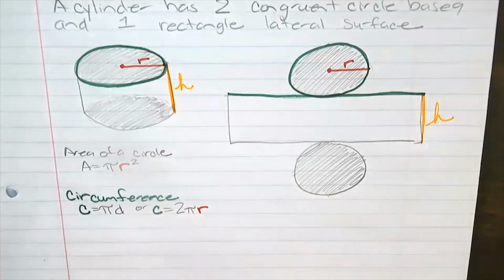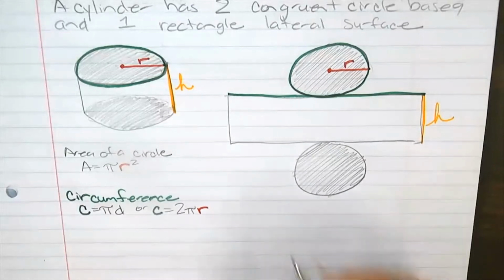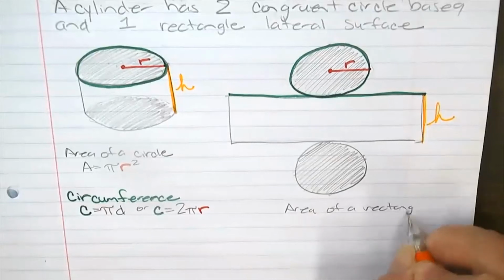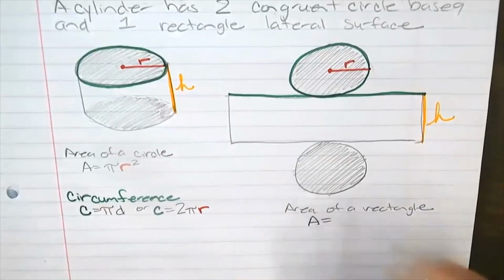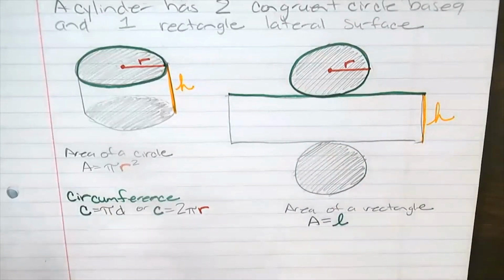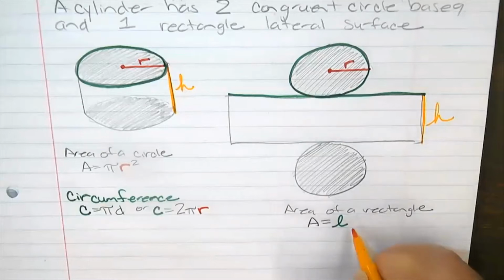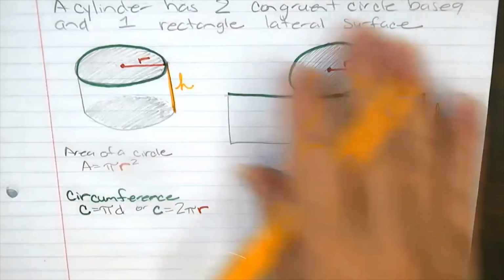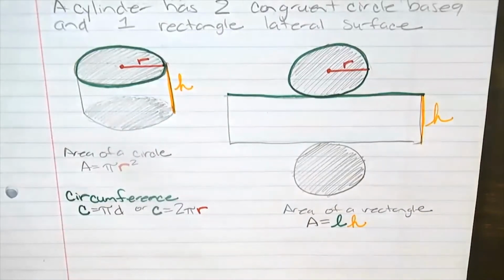And the last thing we need to know is how to find the area of a rectangle. So the area of the rectangle is the length times the height. So this is the nuts and bolts. This is everything that you need to know to do today's lesson, okay?